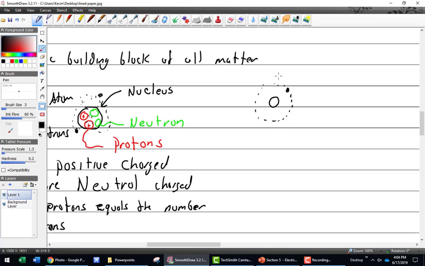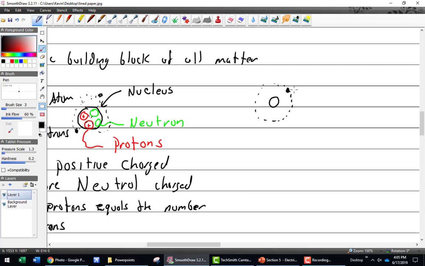But then you watch Big Bang Theory, and it goes around in a 3D fashion. Everybody follow? Neither one of those is actually correct. There's a probability theory of where these electrons go, and they buzz around, and that's way beyond this class. They don't really just circle like a moon going around a planet. They're actually buzzing around. But for simplicity's sake, we just say that they're floating around like that.